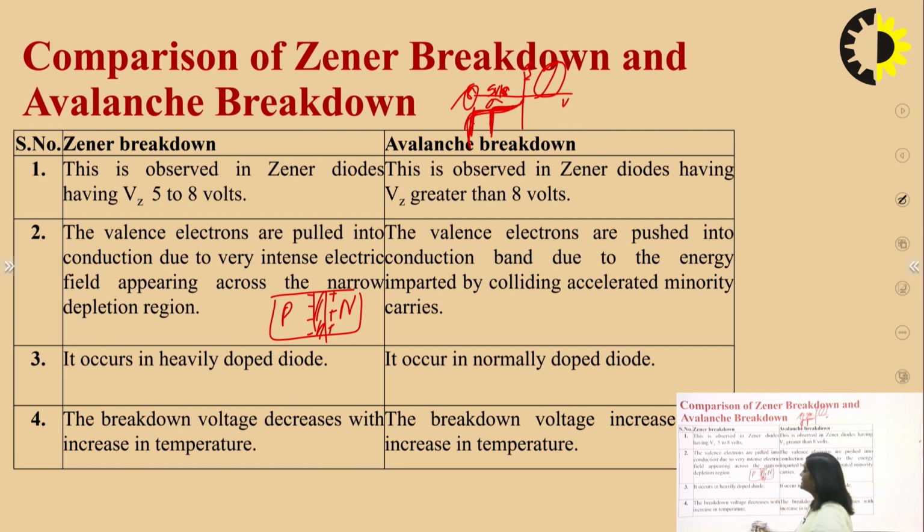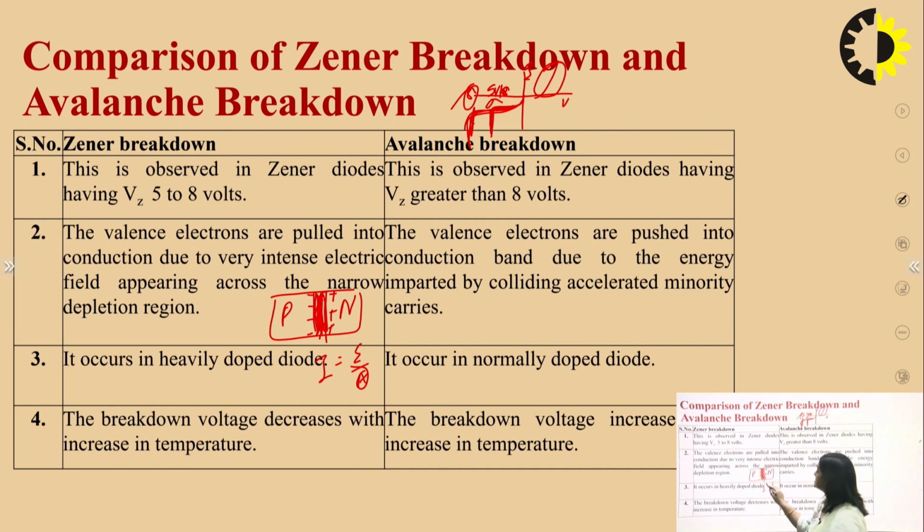So here the electric field intensity is very high, because electric field intensity is equal to E upon A, where A is the area of this depletion layer width. So this depletion layer is very thin, that's why the value of A is very small, and that's why this intensity is very high.